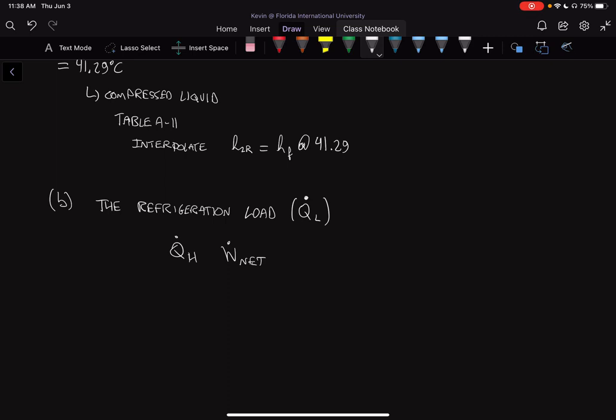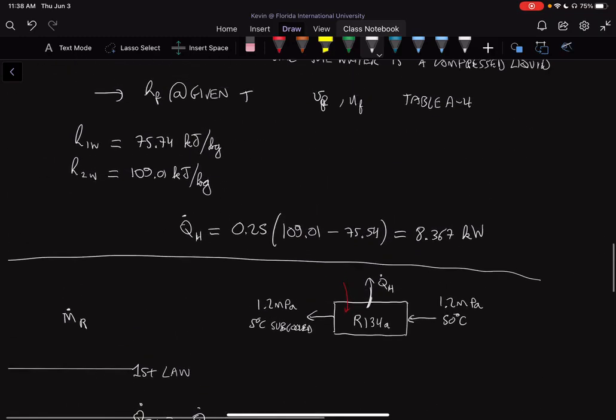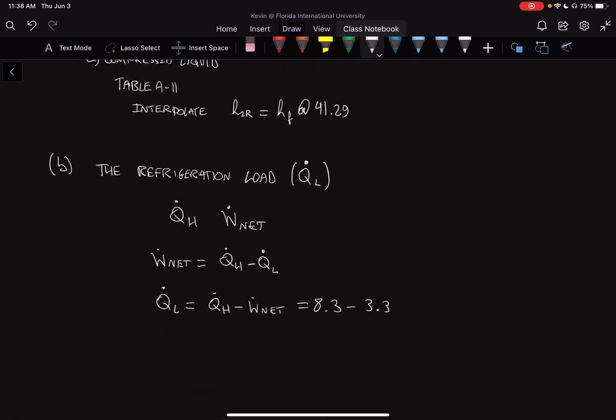Q dot H we found from part A. So we can actually use the equation work dot net is equal to Q dot H minus Q dot L, and we can rearrange this to say Q dot L is equal to Q dot H minus work dot net, and that would be equal to 8.3 minus 3.3, and it's not 8.3 exactly, it's 8.367 or 8.37, so we get that this is equal to 5.07 kilowatts.